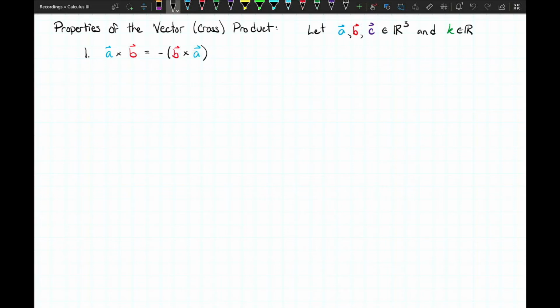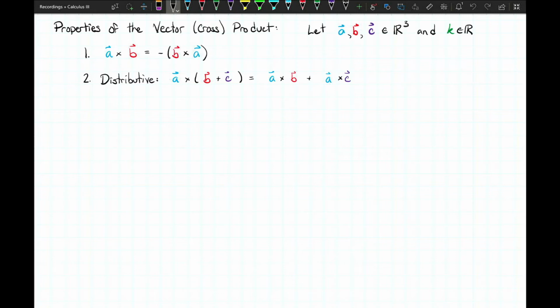Fortunately, we can say that the cross product follows the distributive properties that you'd expect. If we have a sum of vectors, B and C, and then we want to take the result and have A cross (B plus C), then we can distribute the cross product from the left. Of course, you can also distribute the cross product from the right.